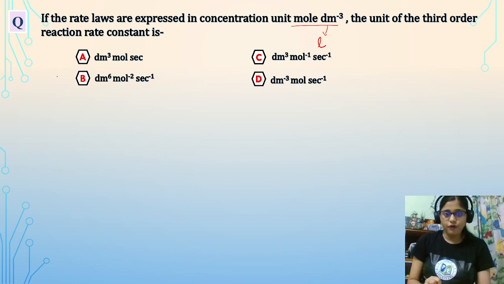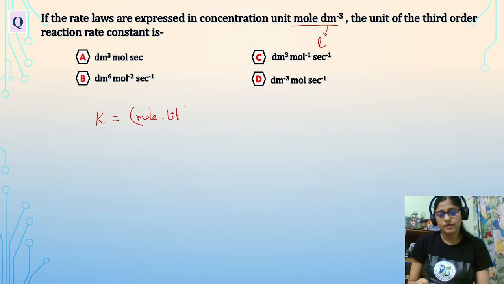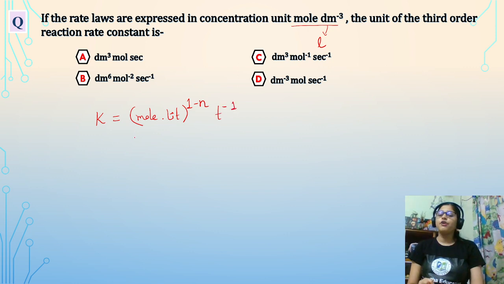For the rate constant, we know the general formula: mole per liter to the power 1 minus n, and t to the power -1. This is the general formula.